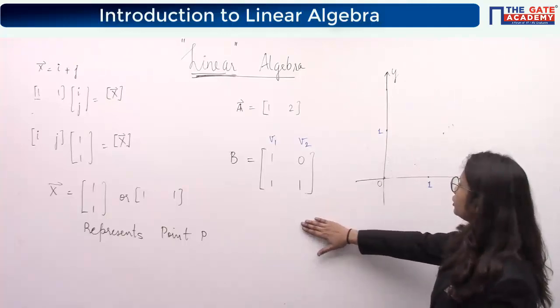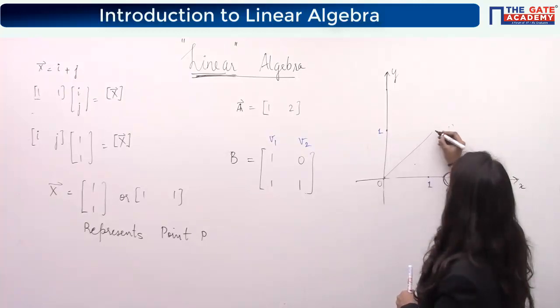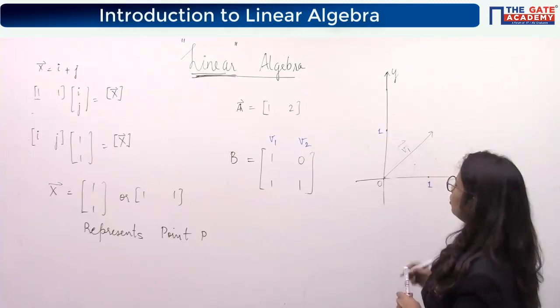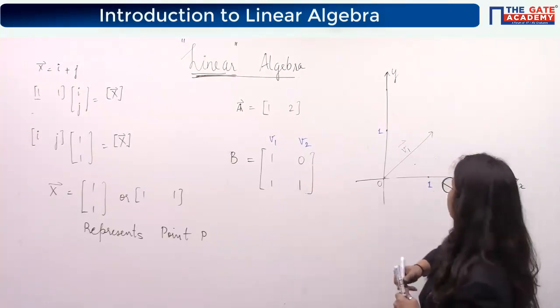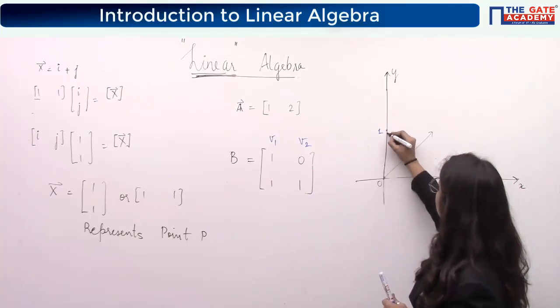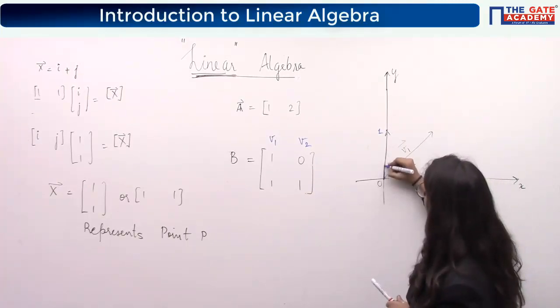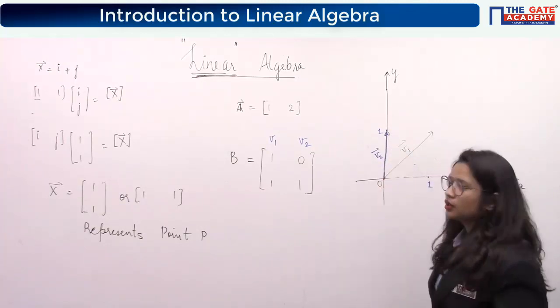So now if I draw these two vectors, vector v1 is pointing towards 1, 1. This is vector v1. Okay, and vector v2 is 0, 1. This is vector v2, or I'll draw in blue color. Understood?